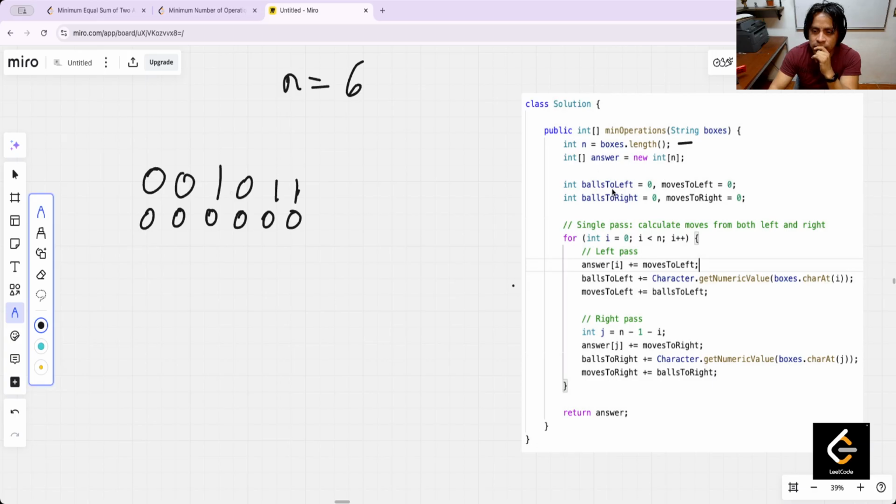Now we have these variables: balls to left, moves to left, balls to right, and moves to right.